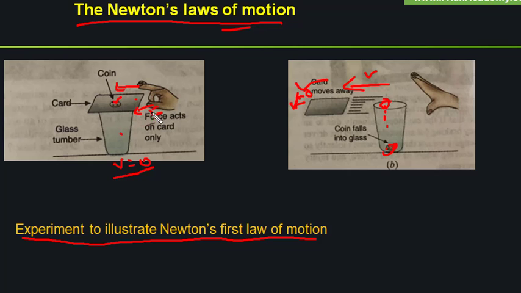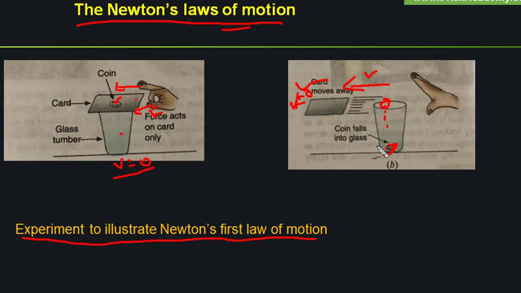So when you hit the card, you are applying a force. So when you apply a force, what will happen? The card will move. Why did the card move? Because you applied a force. When the card moves, it will go away from here.